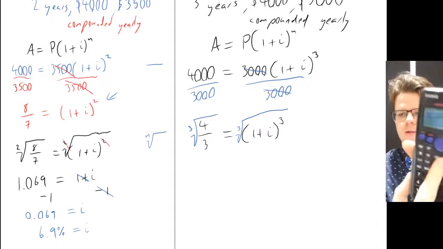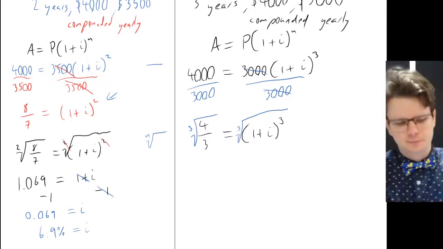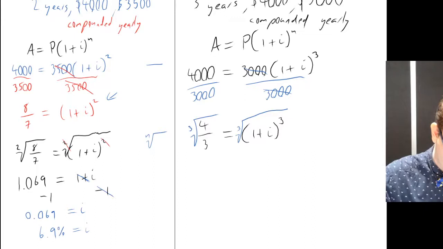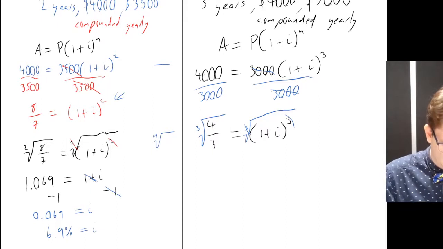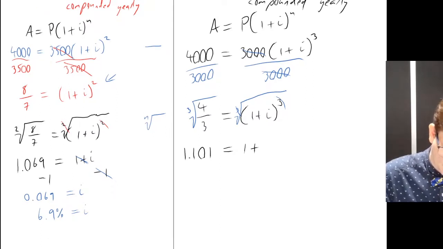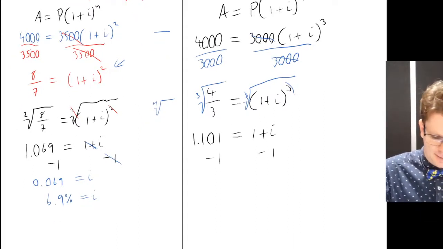Make sure you use the Shift X hat button. One. Take 1 off both sides, and we are finished.